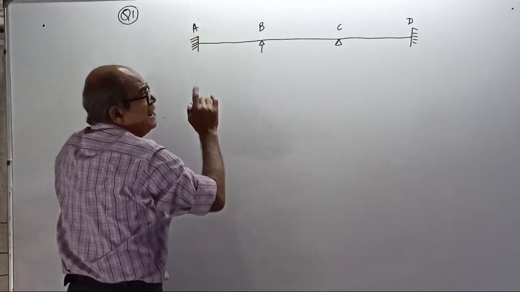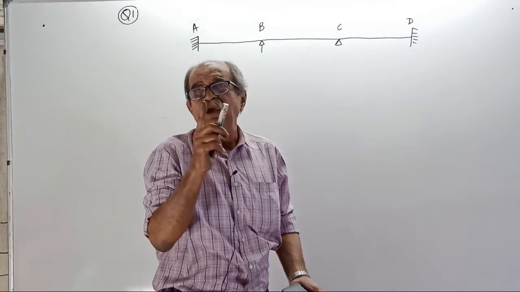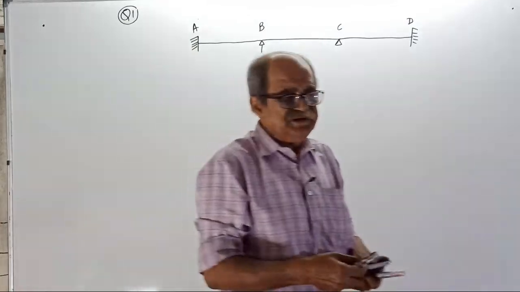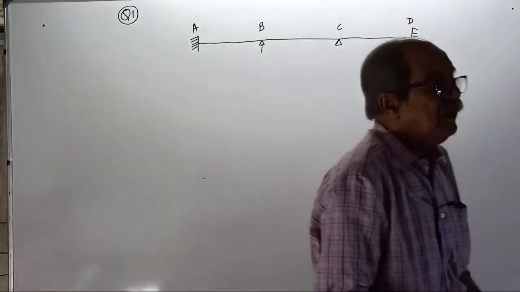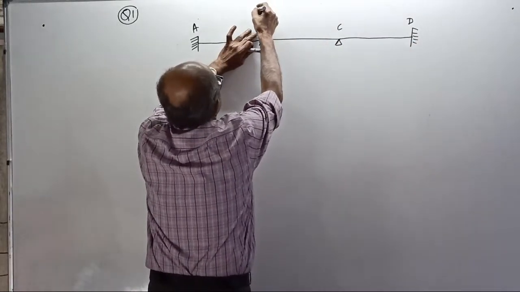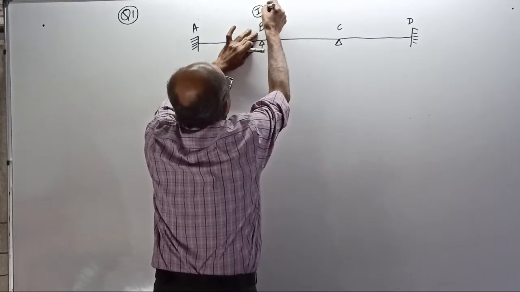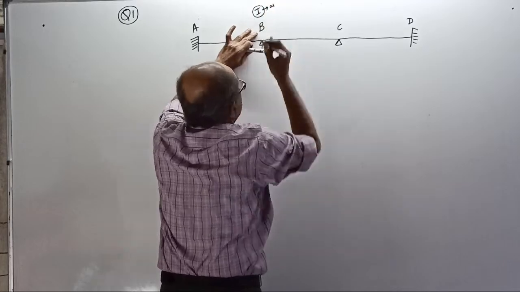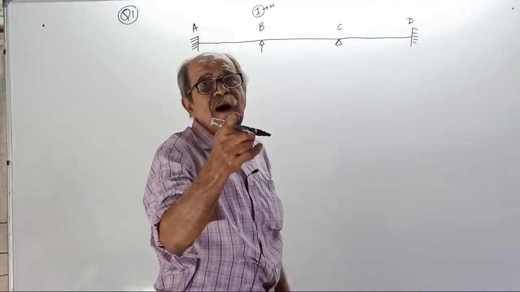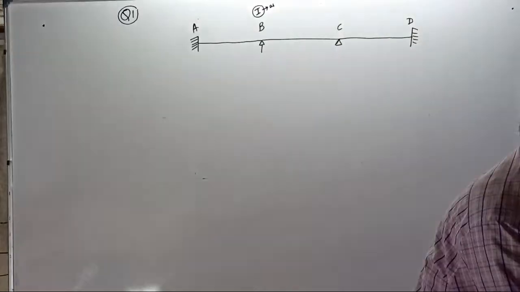Now tell me correctly. When I explain stiffness and carryover, you should know it. First step: here, B is an intermediate support. Therefore it is considered as what? Tell me. The arrow mark means considered as. You should write it; I won't write, space is not there.